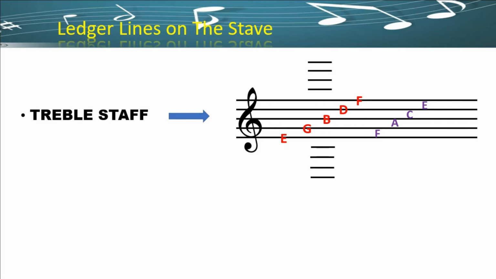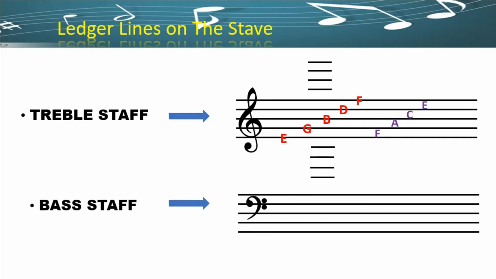Then also for the bass staff. Let's not forget again that the 5 lines of the bass staff are named G, B, D, F and A. We use a simple mnemonic to remember them: Good Boys Deserve Favor Always.